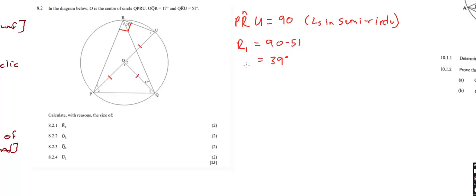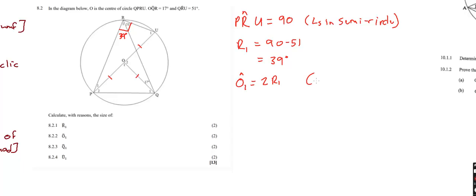Okay, and that is our R1. R1 is 39. If we have R1 as 39, then we can easily find O1, because O1 is twice R1.